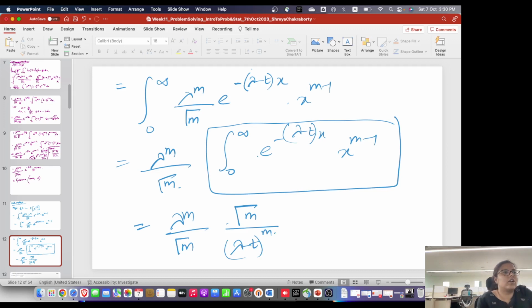Alright, so gamma m will cancel, and we would have 1 by lambda minus t by lambda whole to the power m. So this would be 1 by 1 minus t by lambda whole to the power m. Okay, so this is the MGF of a gamma distribution.